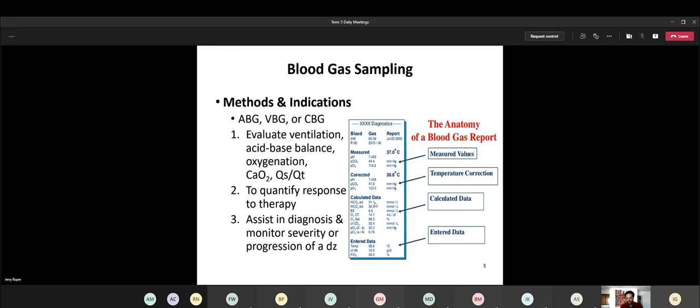So when it comes to the blood gas, it's really going to be either an ABG, VBG, or CBG. Now, of course, with the venous blood gas, all you're going to be really concerned about is the pH. So the pH and the CO2 are going to be pretty much the same as if it were the arterial blood gas sample.